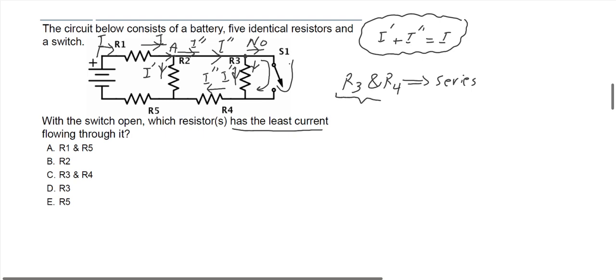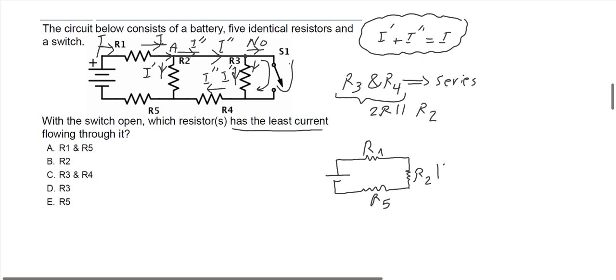And the equivalent of R3 and R4, as they're identical, I can call them 2 times R. So 2R is in parallel with this guy, R2. So 2R is in parallel with R2. And then the circuit will be simplified into R1, the parallel of R2 and R3 plus R4, and here we have R5.